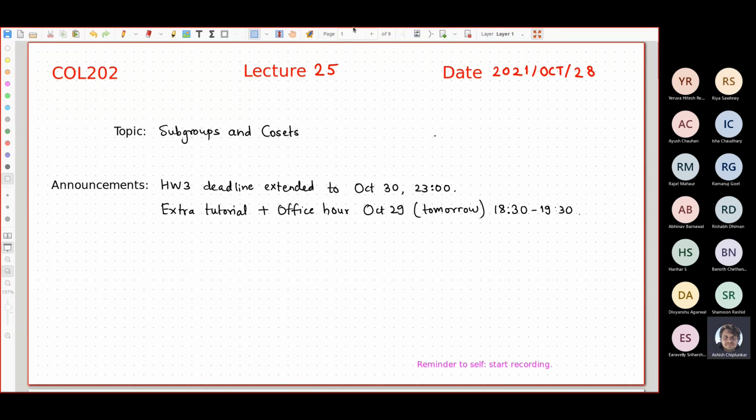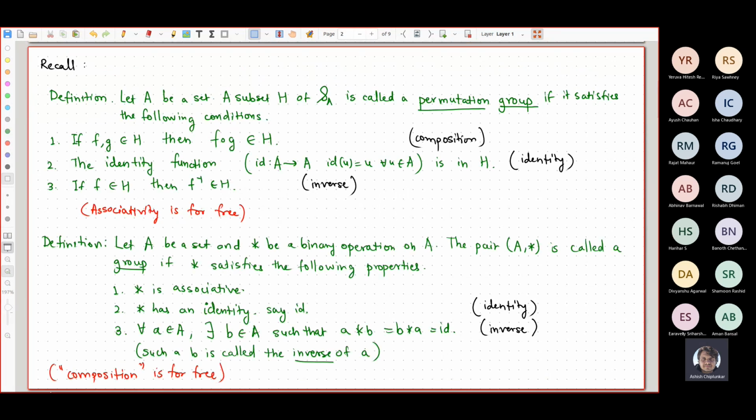All right, so let us quickly recap what we did in the last class. We saw two important definitions, one of a permutation group and the other of something more general, which is a group. So what is a permutation group?